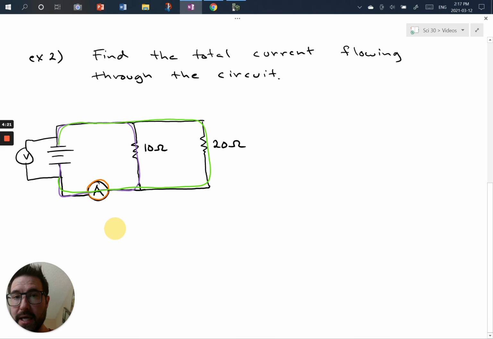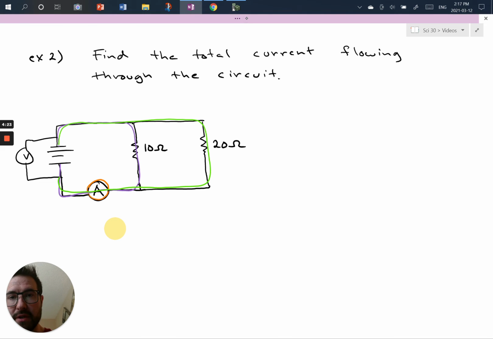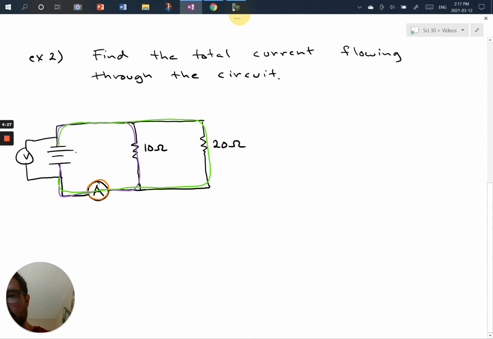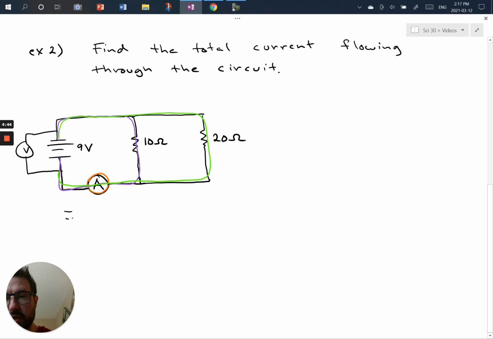The voltage of this circuit is something that I would have to be given ahead of time. So let's say my voltmeter here is measuring 9 volts. So let's take a look at what we have and what we need to find out. It says find the total current flowing through the circuit, so we want to find the current.